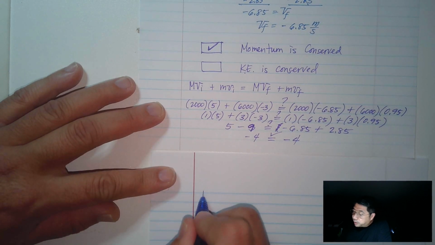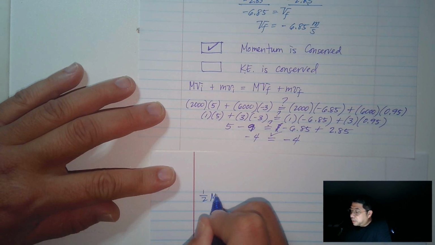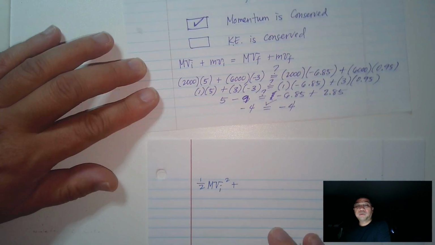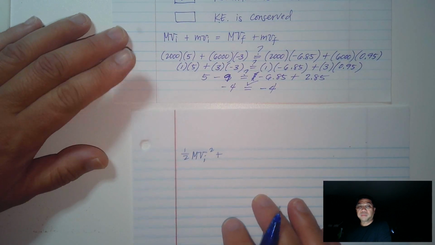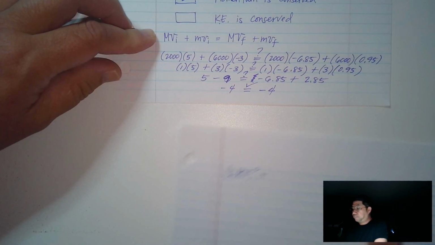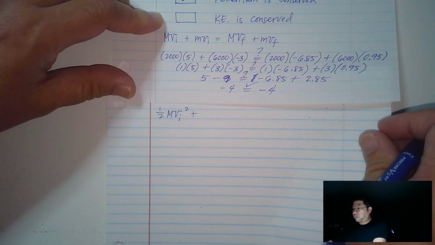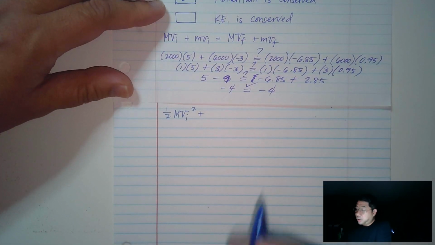The equation is 1/2 m v_i squared plus, let me just move it up so you can see it. Let's just put it on top of each other so you can see.